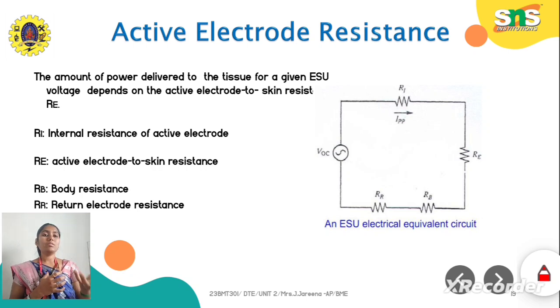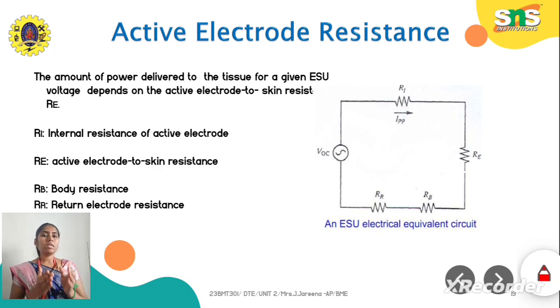If you are not considering this internal resistance, then the value you set will drop in power when it reaches the tissue. So at the end you will not have good enough intensity or power, and the cutting or coagulation process will not happen.